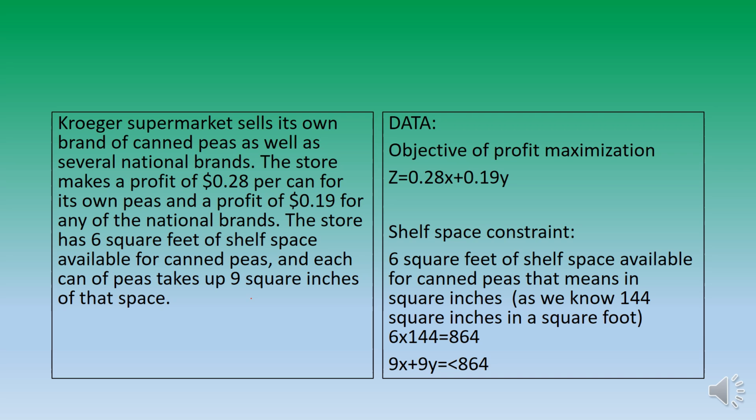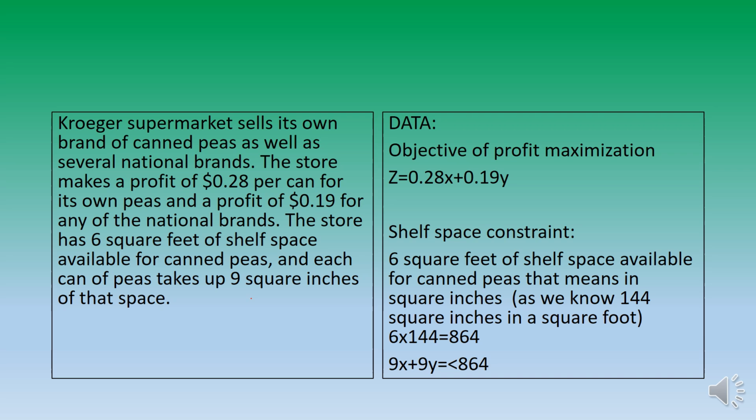We know that every can of peas takes 9 square inches of that space.